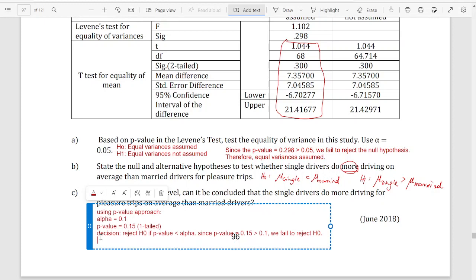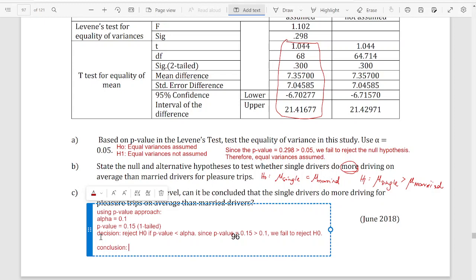So based on this, the conclusion is that, okay, bila kita fail to reject the H naught, so we have to conclude the H naught. That means they are not different, right? There is not more than single is not more than the married couple.